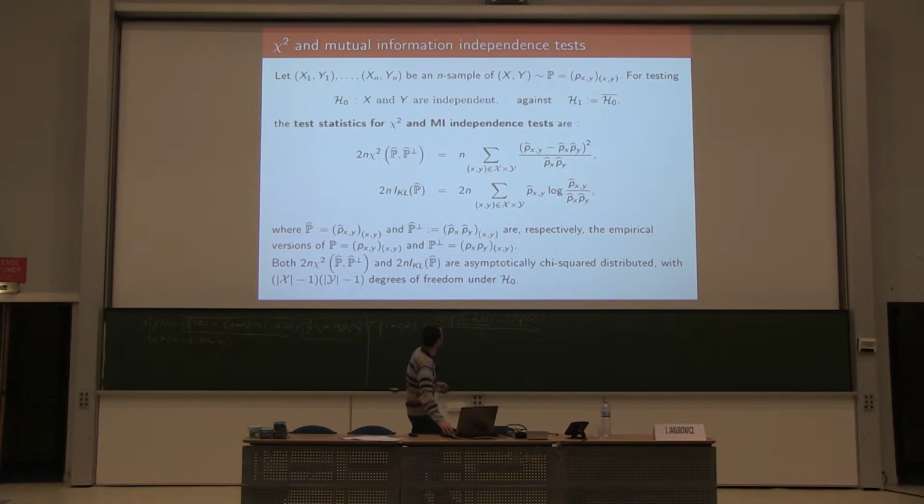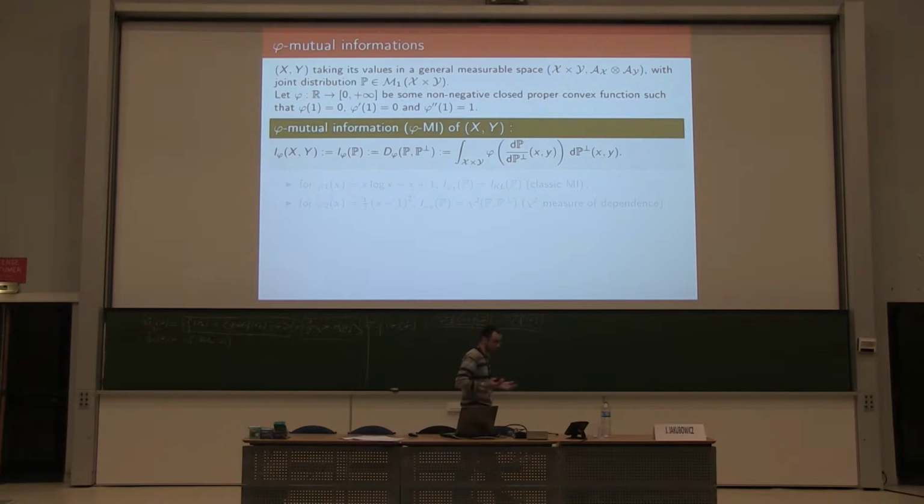We could consider other dependence measures, for example considering phi mutual informations between the joint distribution and the product of the marginals. And then, in the same way, for finite random variables, estimate empirically the joint distribution and the product of the marginals, and get again a test statistic which will be chi-squared distributed asymptotically.